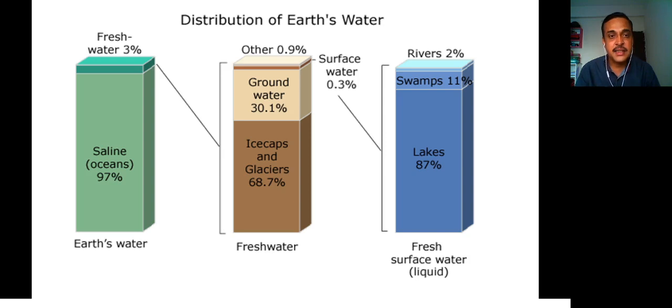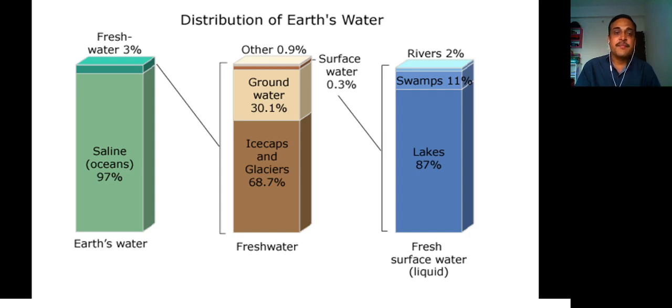Then there is another important point included in this freshwater topic, which is important from the examination point of view. Most of the time, the question is asked on the distribution of Earth's water, or global distribution of water.